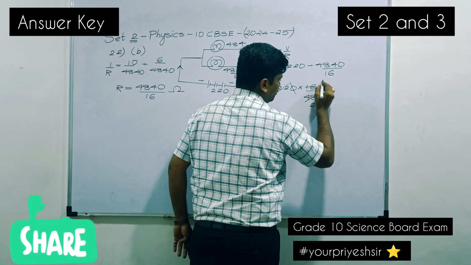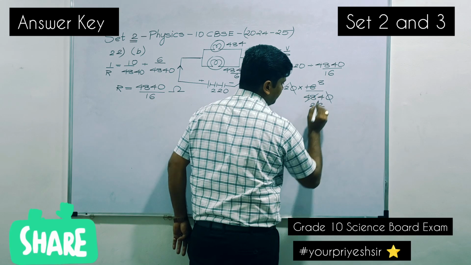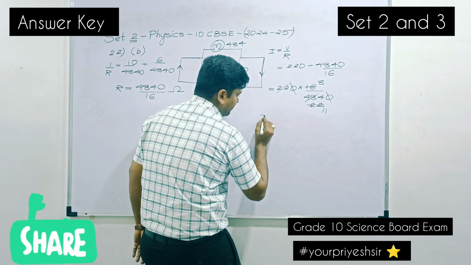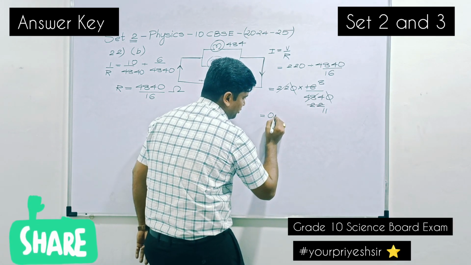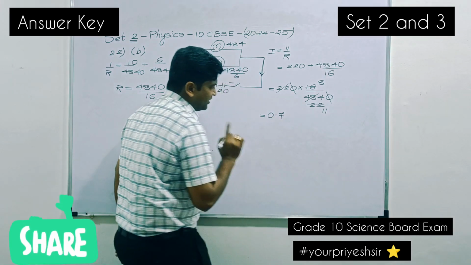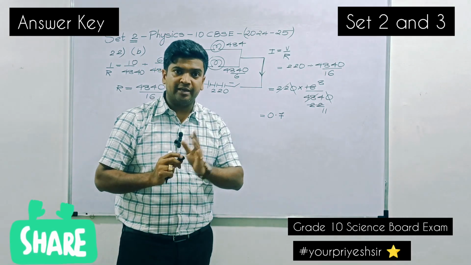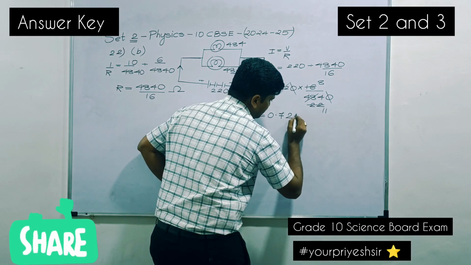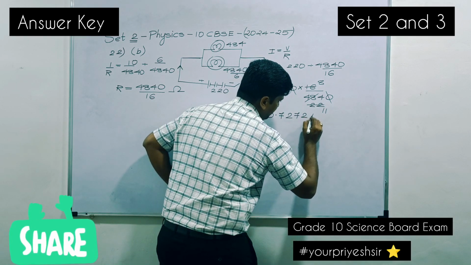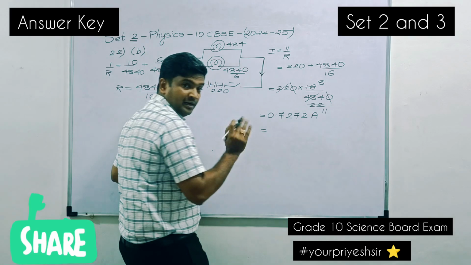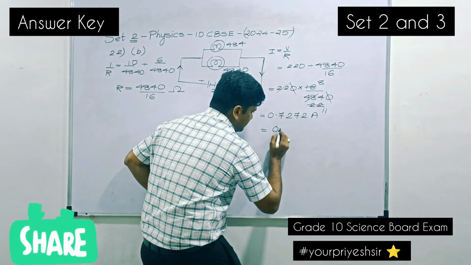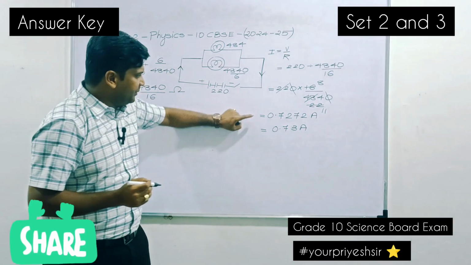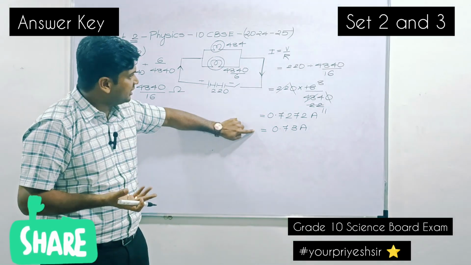Now 2 eights are, and 2 elevens are 22. Now 8 by 11 came, so 0. 11 sevens are 77, remainder will be 3, so 30 will come. So 11 twos are 22, so 0.7272 ampere. You can round it off to 0.73 ampere.